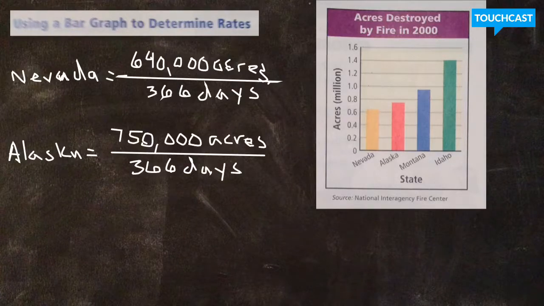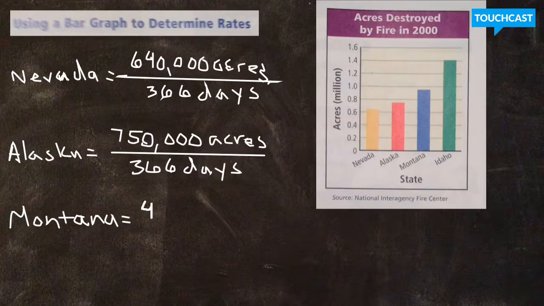In Montana, there were about 950,000 acres destroyed in 366 days.